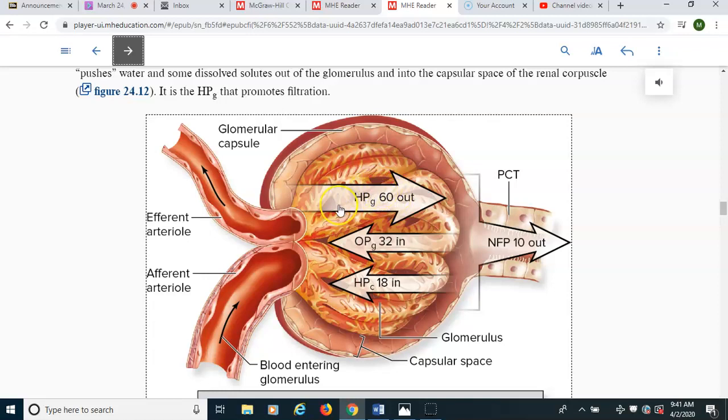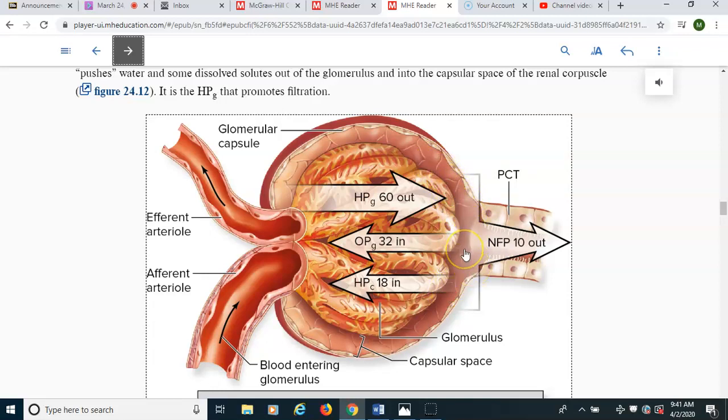So it's at 60. So that's forcing the fluid and all the smaller substances that can get out. Remember, the red blood cells, white blood cells, platelets, and large proteins stay in the blood because they're too big, but everything else is going to leave. Now, since we're producing filtrate, there's always going to be some filtrate in this capsular space.